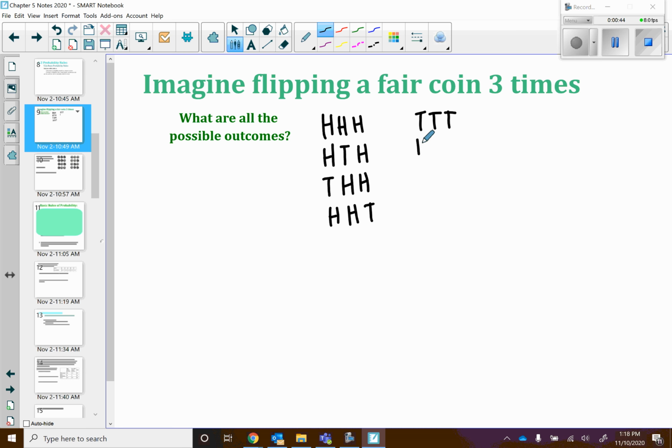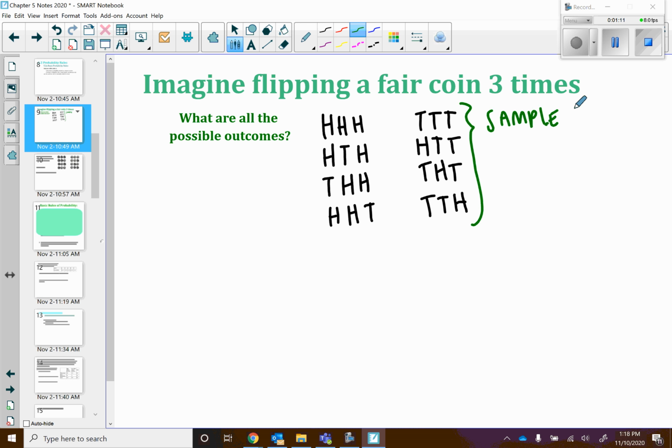I could get one head and two tails, or tail, then a head, then a tail, or two tails in a row, and then a head. Let me think. Is there any other way I could do this? I don't think so. What we just created is known as a sample space.